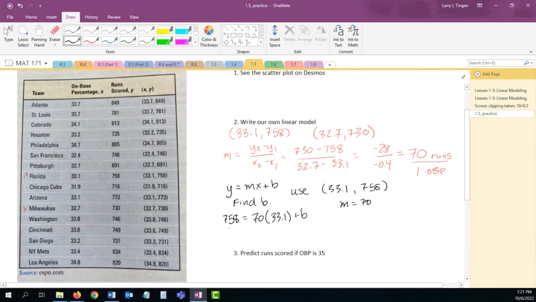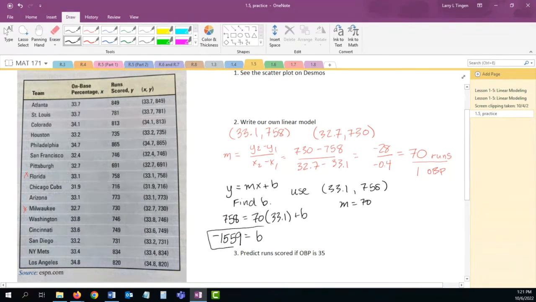I'm going to do this all in one step. 758 minus 70 times 33.1 gives me a b of negative 1,559. All right, so what's my equation look like?